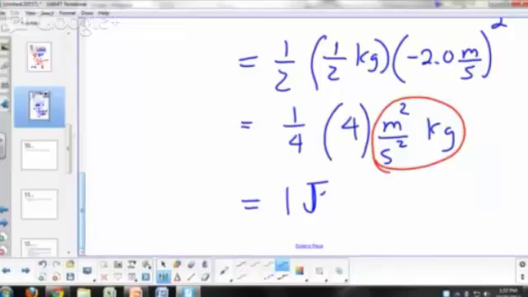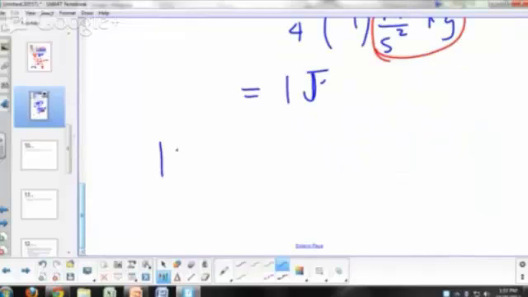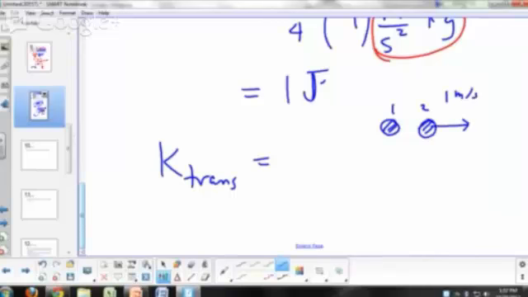What is our translational kinetic energy? Let's see, what happened to our center of mass? Particles 1 and 2, they're both 1 kilogram, right? This one moved 1 meter per second to the right, and this is 1 meter per second to the left. What do you think? Where's their center of mass to begin with?